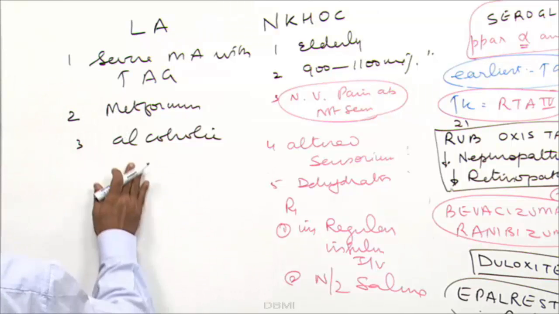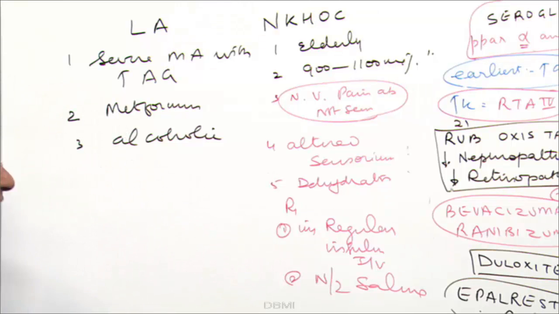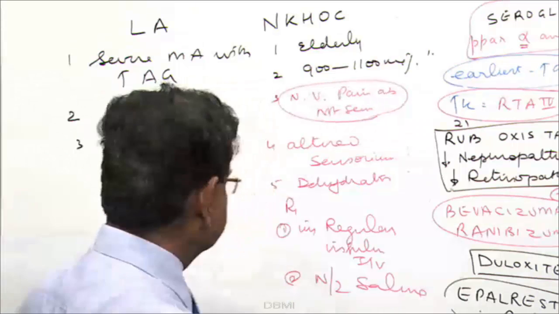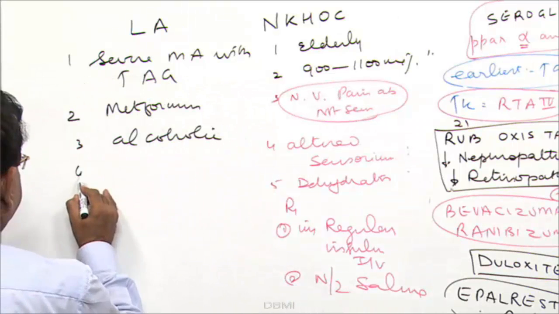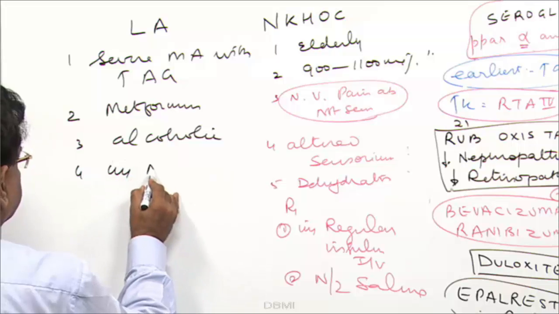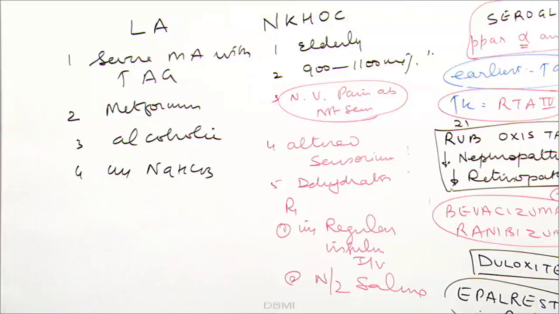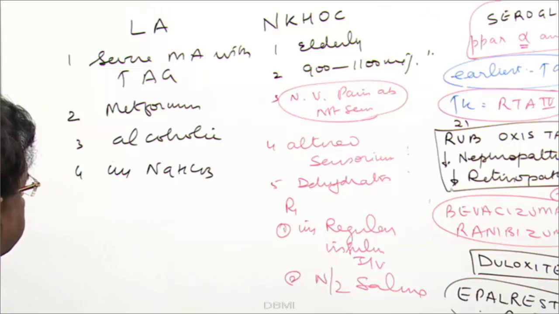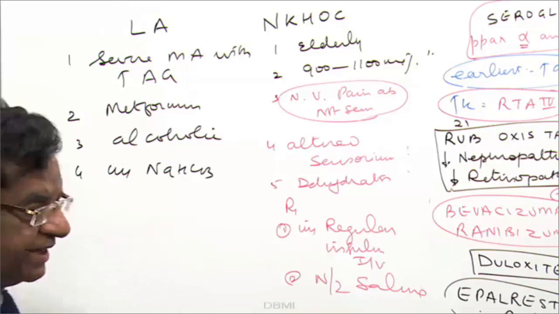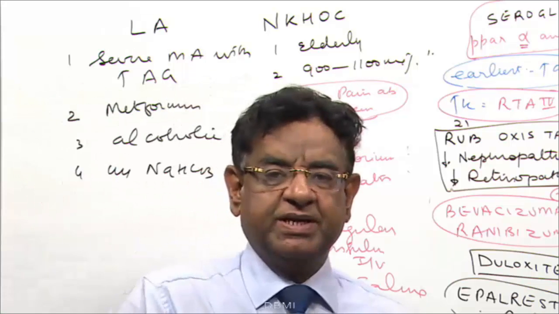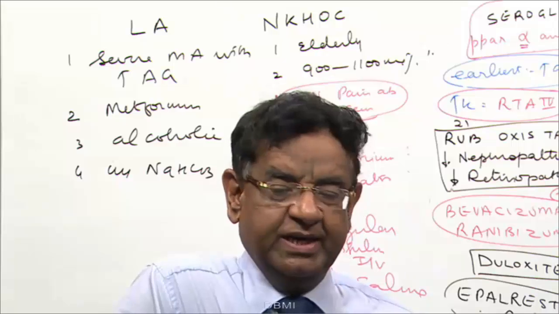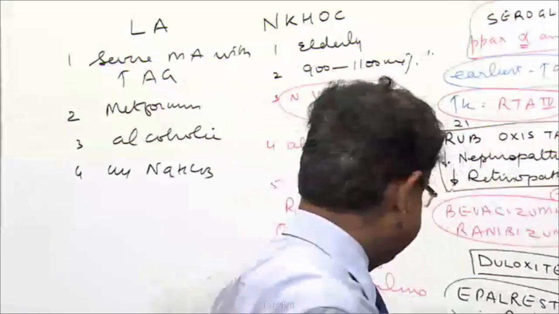This carries a very high mortality. So you have to give a large amount of injection soda-bicarb, to prevent that, because otherwise mortality is as high as 50 to 70% in lactic acidosis.